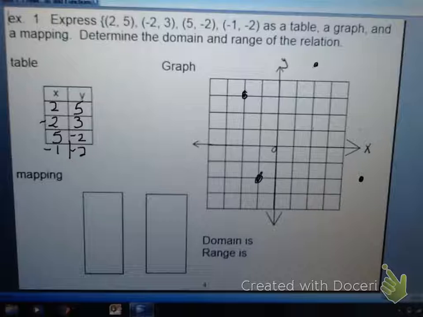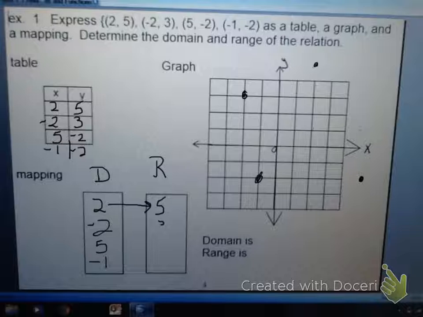As a mapping, I'm going to label the first one D for domain. So my x values are 2, -2, 5, and -1. My range values are 5, and 2 goes with 5. The next range value is 3, and -2 goes with 3.